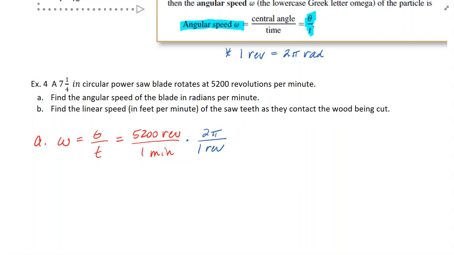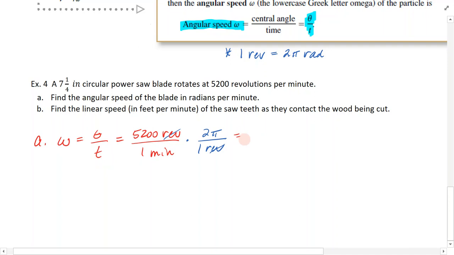When I look at this, you'll notice that my revolutions canceled and it's leaving me in radians, which is pi, over minutes. So I now have my angle with respect to time taken care of, and now it's just a matter of multiplying.